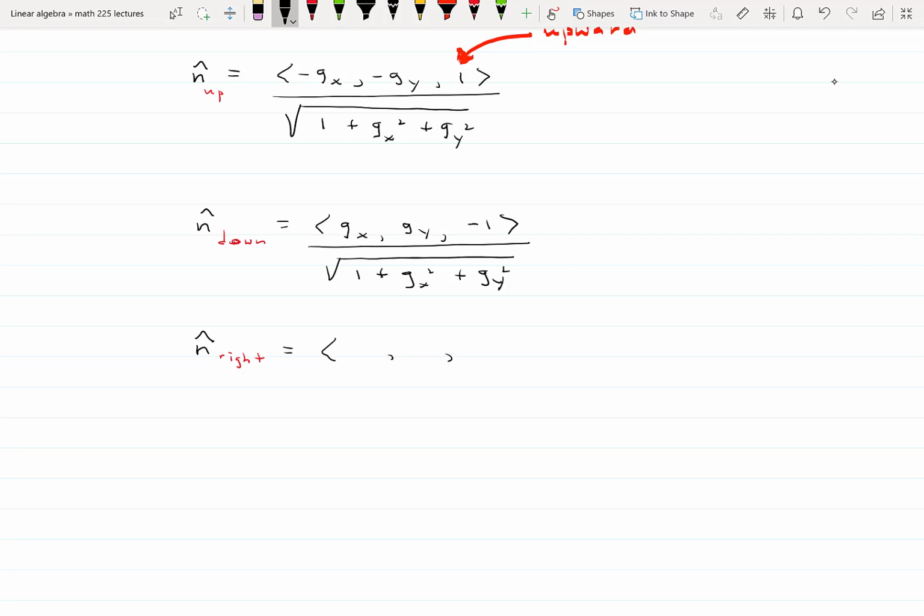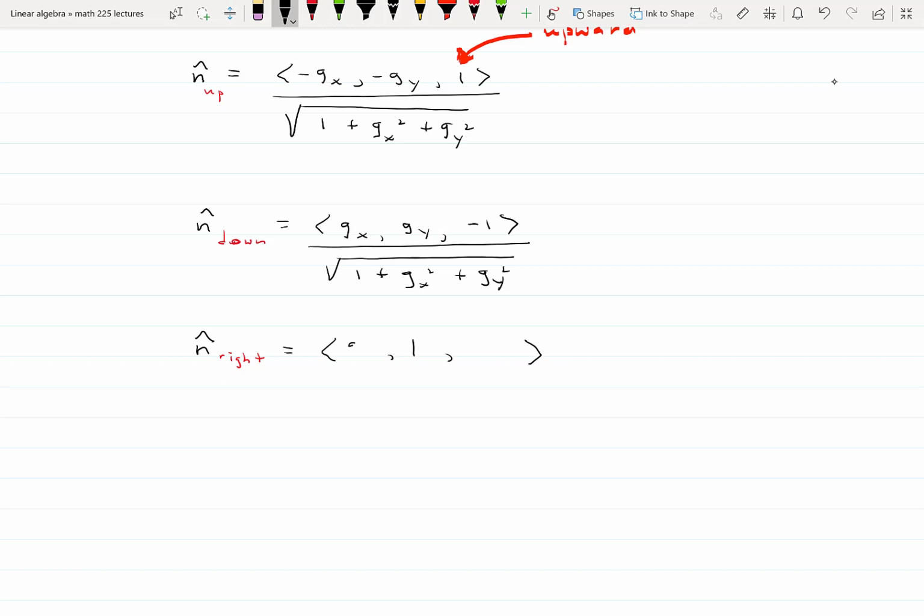So we would expect the unit normal to the right to have a positive 1 in the position of the y component. What about the components of x and z? Well, if we're thinking about right and left, that means y is a function of x and z.